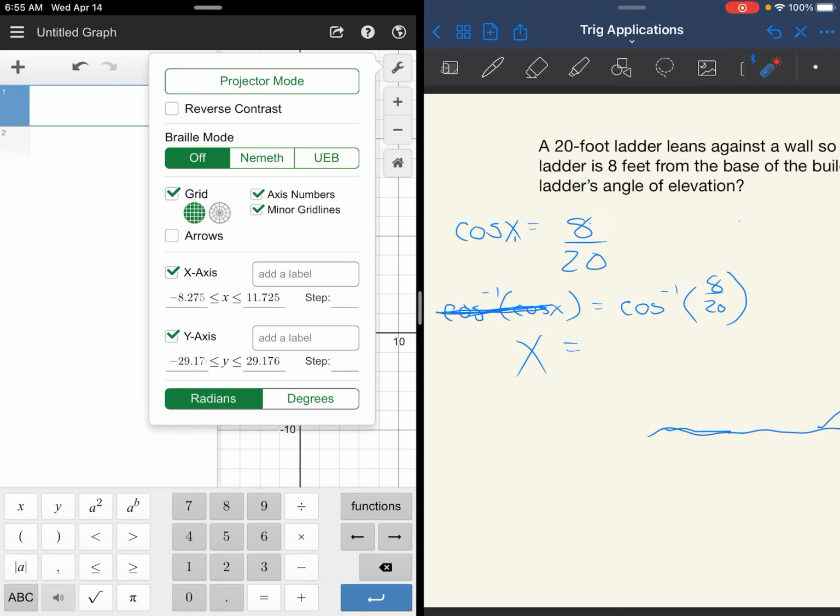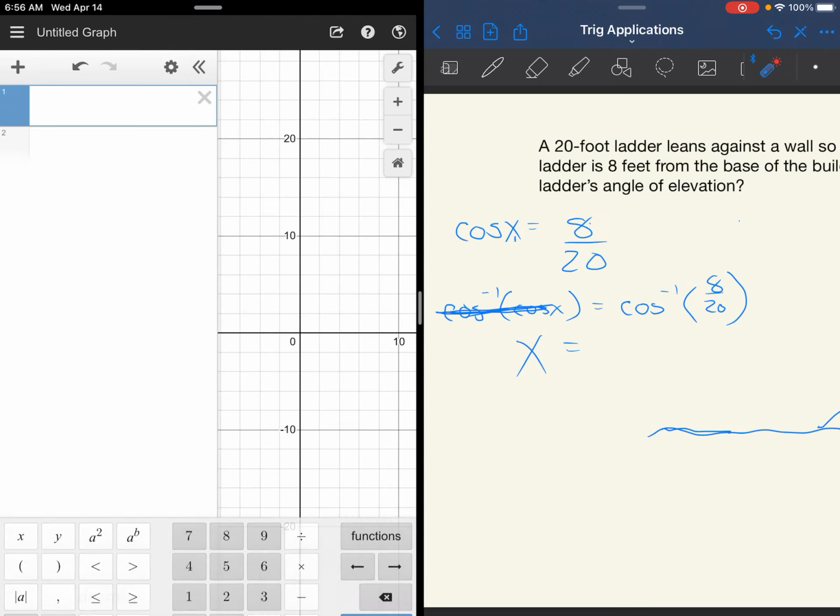You need to make sure that degrees is selected. It defaults to radians, but you have to change it to degrees. If you don't change it to degrees, you will get the wrong answer for every single problem. So make sure that it's changed to degrees. You only have to do it once, when you open the calculator. You don't have to do it every problem.